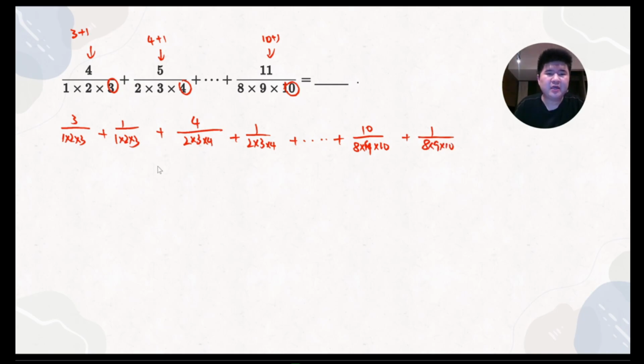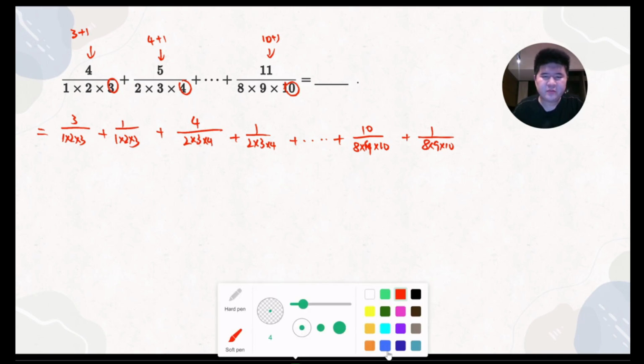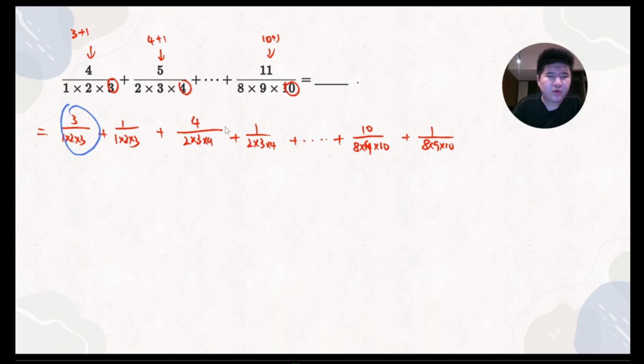我们对于这每一项都这么分解，发现每一项都可以拆成两部分。Here, for the first part, the numerator is the same as the largest factor in the denominator, so they can cancel.